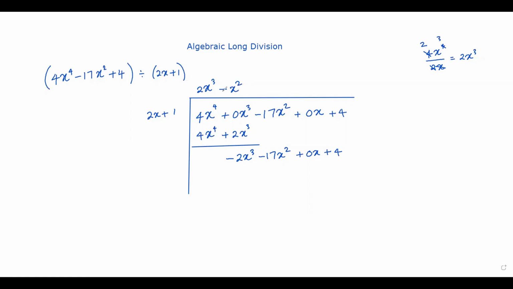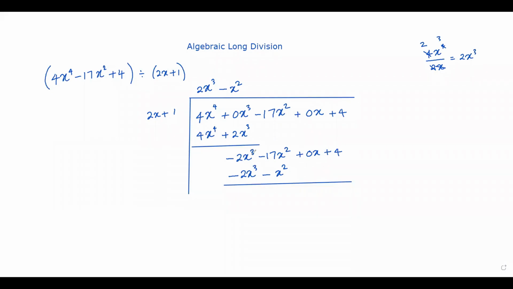Then I'm going to do the multiplication. Minus x squared times the 2x will give me minus 2x cubed. Minus x squared times the plus 1 will give me minus x squared. Okay, then I'm going to do the subtraction again.